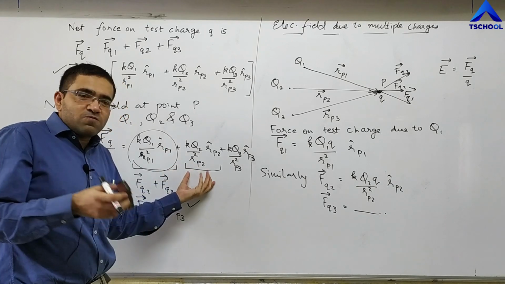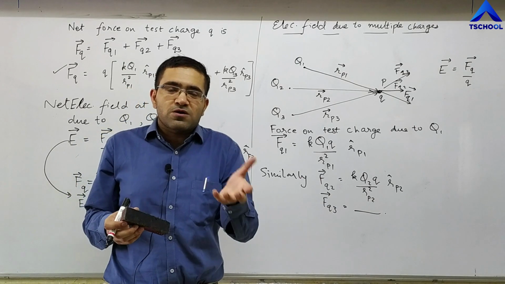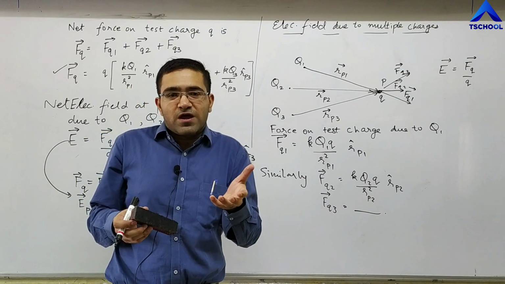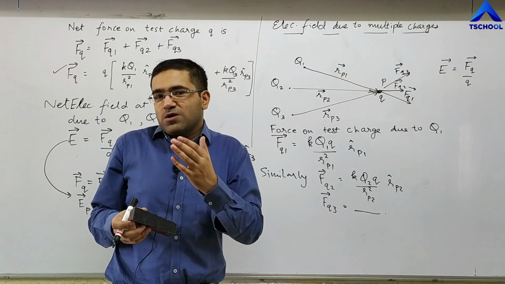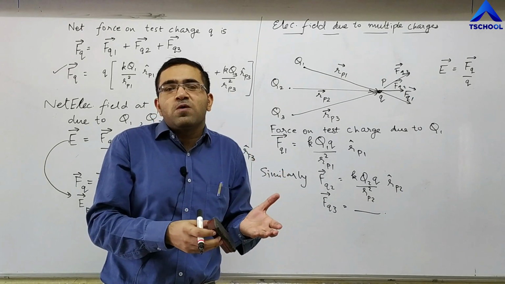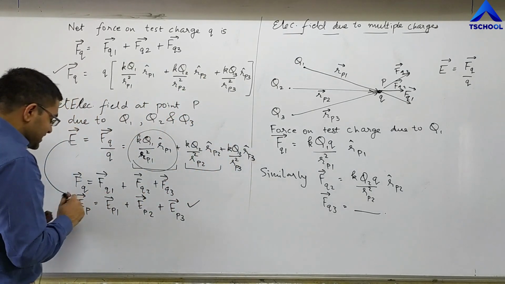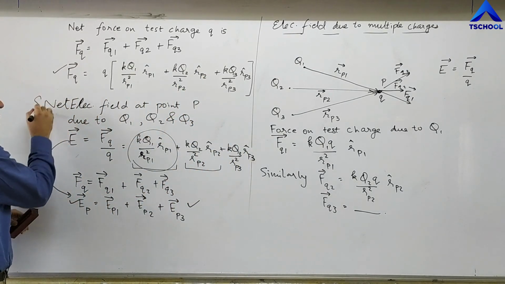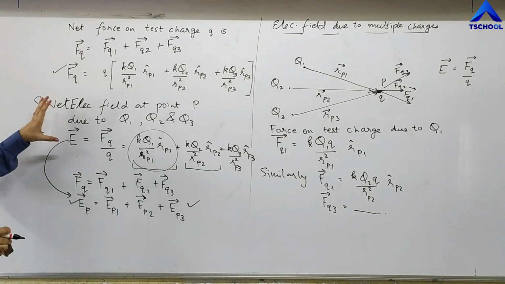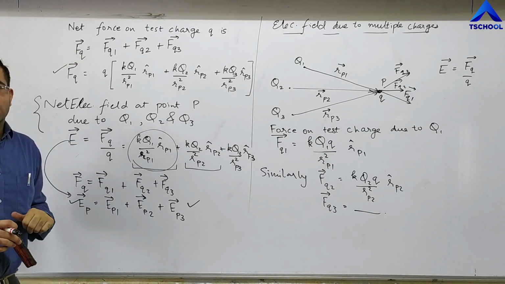So what we are having is that the presence of other charges does not change the effect of a charge, correct? Just because Q2 and Q3 are there, the electric field due to Q1 is not going to change, right? But remember that the net electric field at P is due to all the three charges, right?